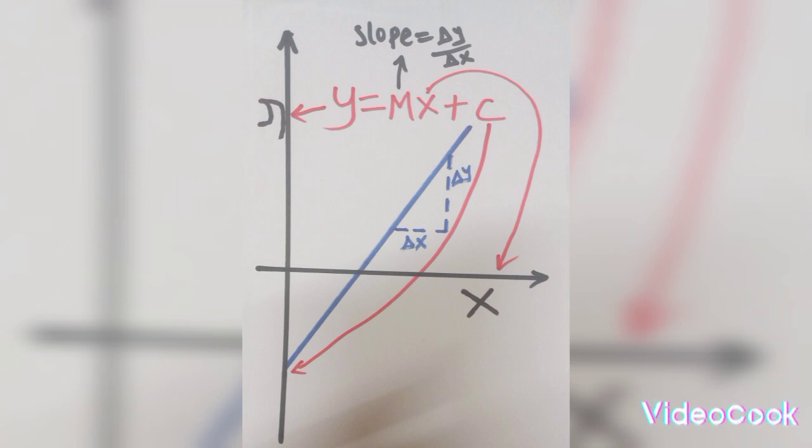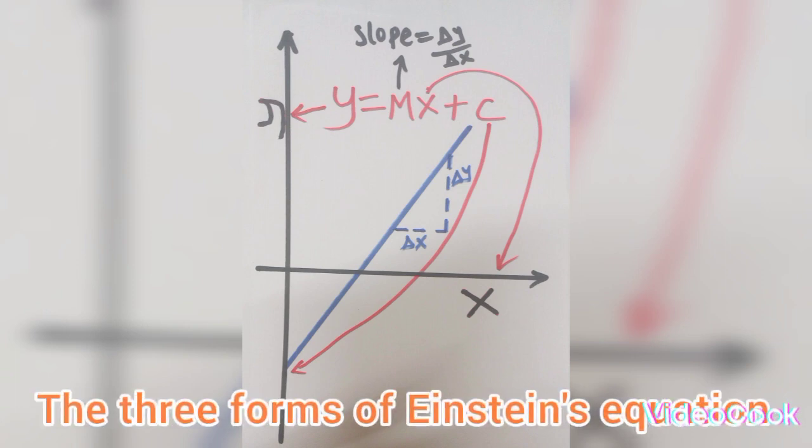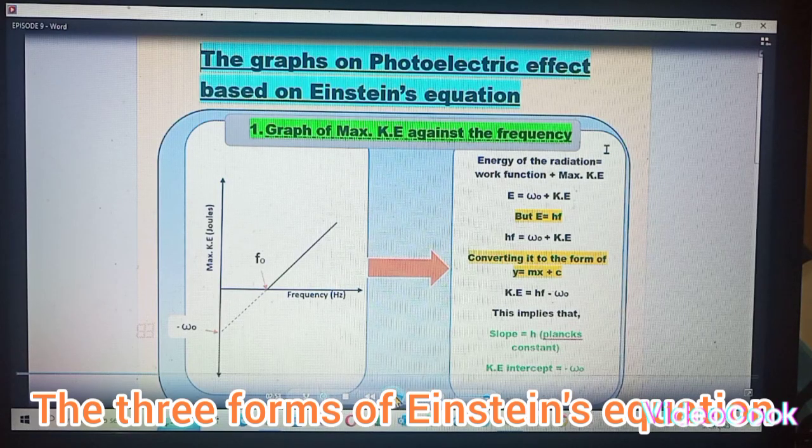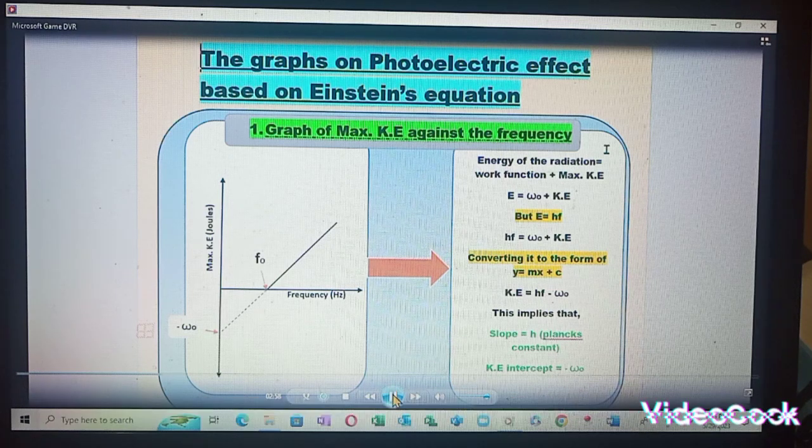So with this correlation, I want us now to look at other scenarios. We are going to look at the three equations of the photoelectric equation. In the first case, we are going to look at a graph of kinetic energy against frequency.